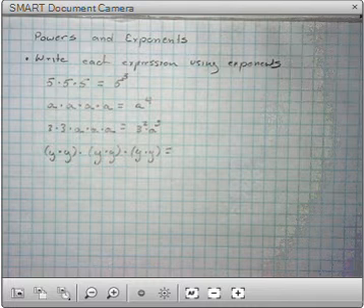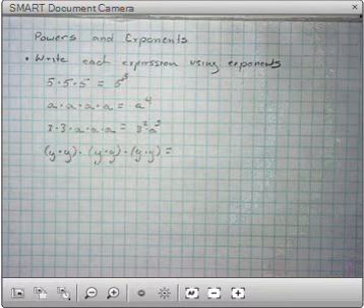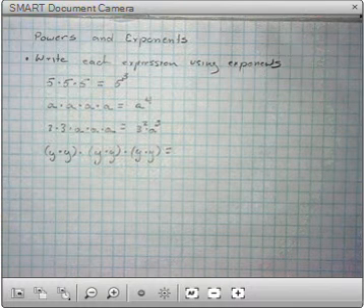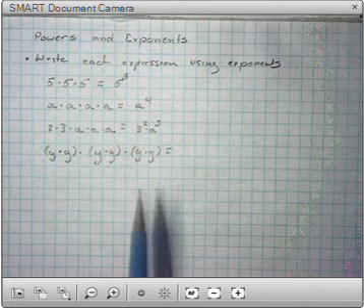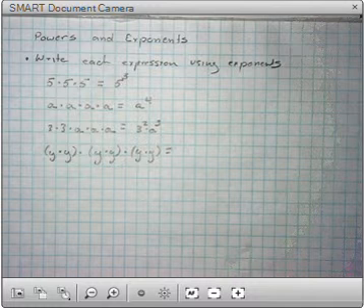A little bit trickier. Kevin? It's probably like y to the second power times y to the second power times y to the second power. That seems, what you said was right. Y to the second, y to the second, y to the second. It's a little redundant though.